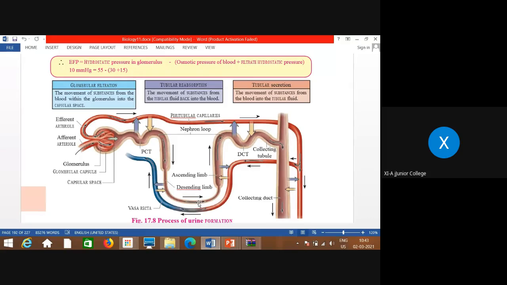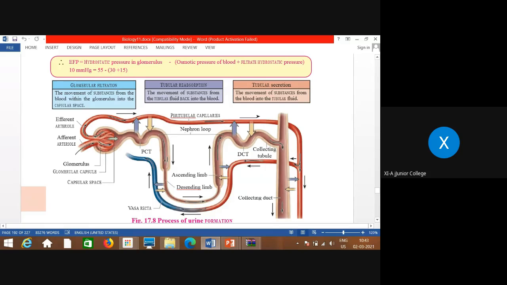Now again I will repeat. When the filtrate reaches the capsule, from the capsule through the neck region it reaches the coiled structure of the PCT, where the flow of filtrate becomes very slow, so that maximum reabsorption from the filtrate takes place.